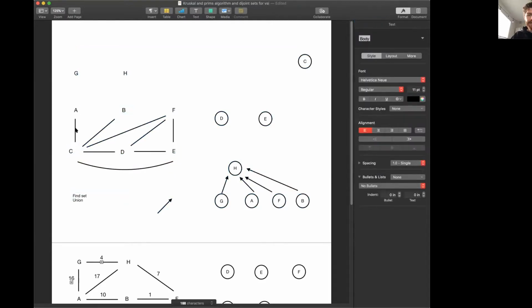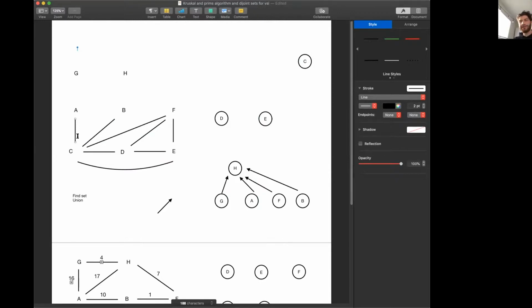So I process AC. Again, there's no specific order that I'm taking the edges in.